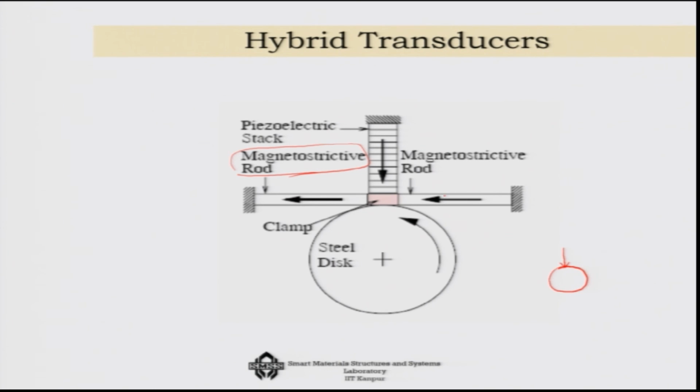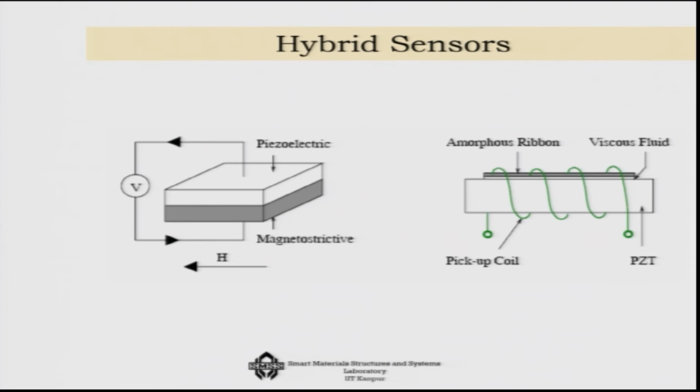At that time, with the help of the magnetostrictive rod, you get a pushing force. So, it starts to rotate, but if it is in touch, it cannot rotate. So, you immediately switch it off so that it goes back. The system goes back, and this whole thing starts to rotate. That is one use of a hybrid transducer of piezoelectric and magnetostrictive systems.